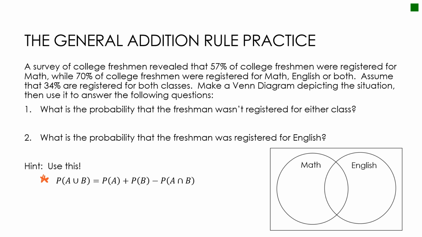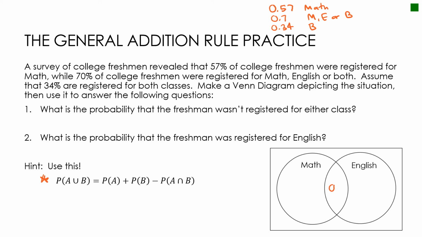So here we say a survey of college freshmen revealed that 57% of college freshmen were registered for math, and 70% were registered for math, English, or both, and 34% were registered for both.